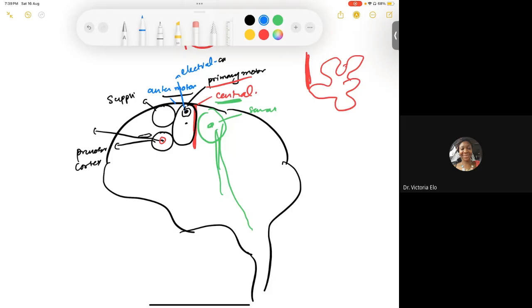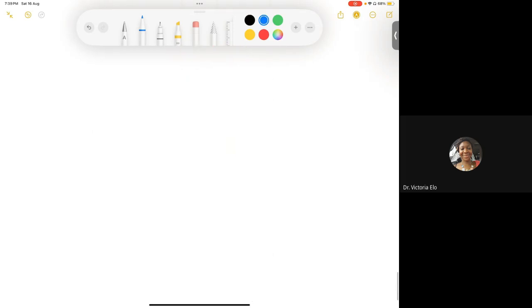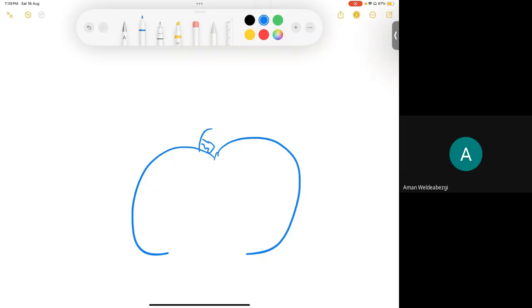Okay, perfect. So nowadays we know that we have a homunculus. Let me draw the entire homunculus here. Just give me a second. For example, if this is your brain, your cerebrum, we know that this area is basically responsible for gait, for movement, for an individual to walk.